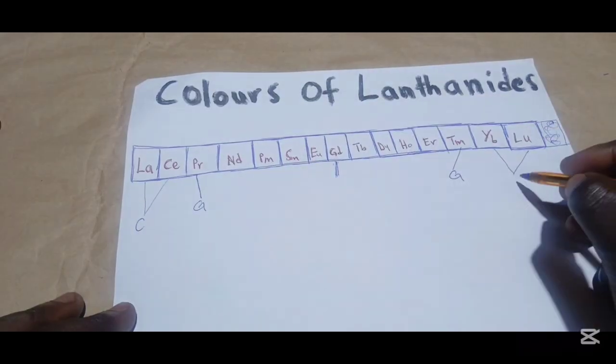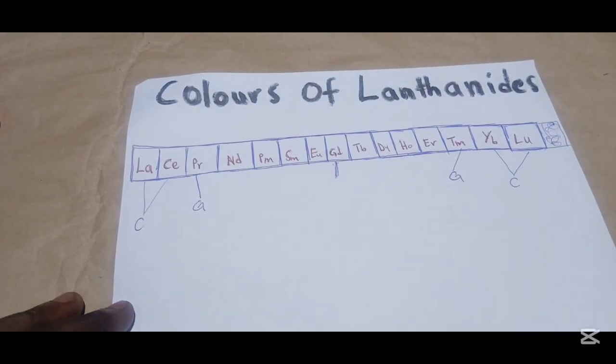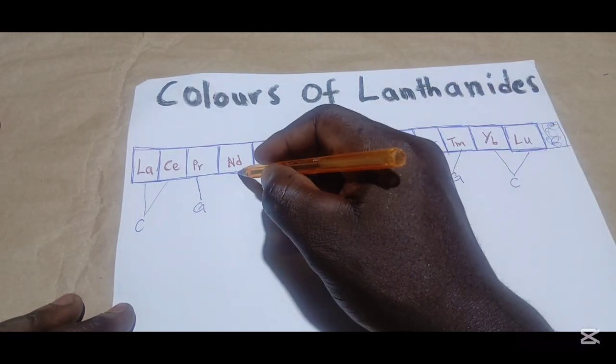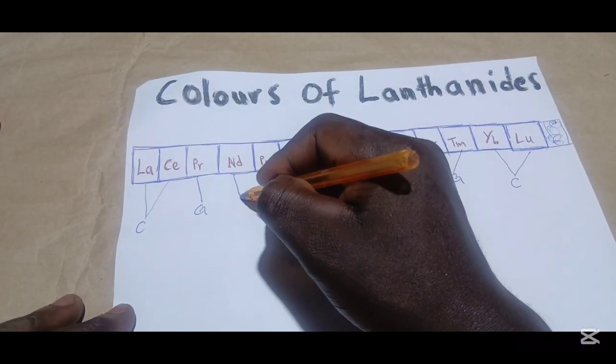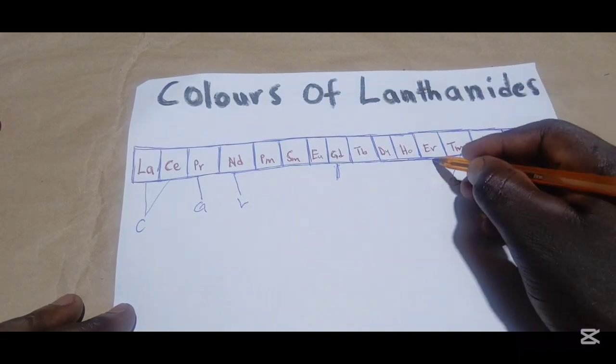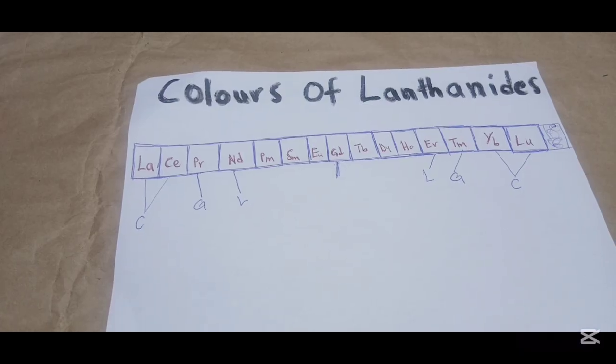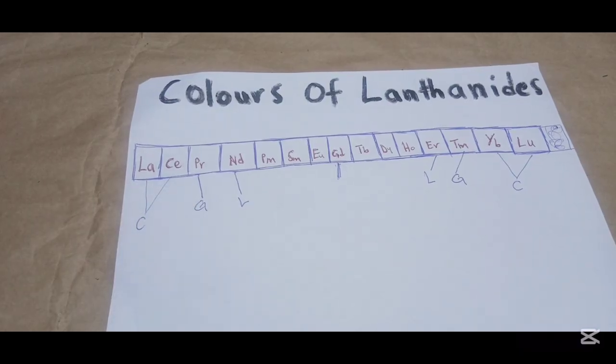This is colorless, colorless. So we are done with CG. Now we go to lilac. For lilac, we also pick one from the left and one from the right. So CGL is done.